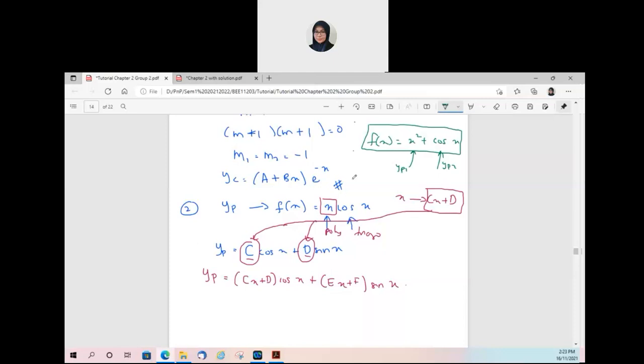So now this is our YP. Okay, we have to compare this YP and YC. You compare YP here and YC here. Sama tak pattern YP dengan YC?